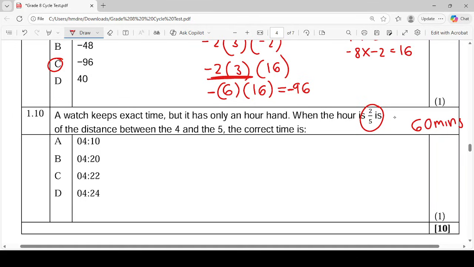So we need to work out what is 2/5 of 60. Okay, and when you're working out something like this, what you can do is you go 60 divided by the bottom number times by the top number. So 60 divided by 5 is 12. 12 times 2 is 24, which means that it's going to be 24 minutes past 4.